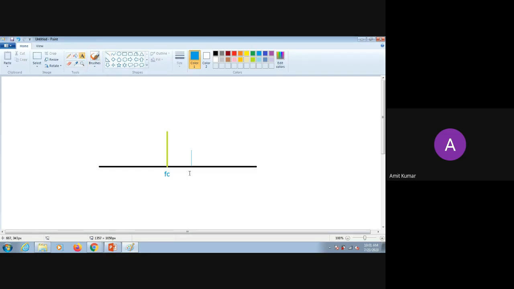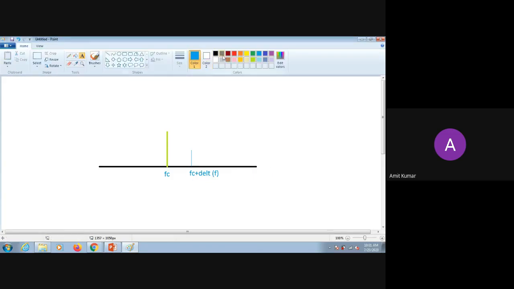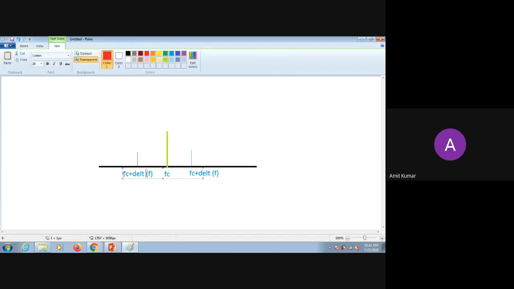And the second will be lying on the left hand side, at Fc minus delta F. This is as per the definition.